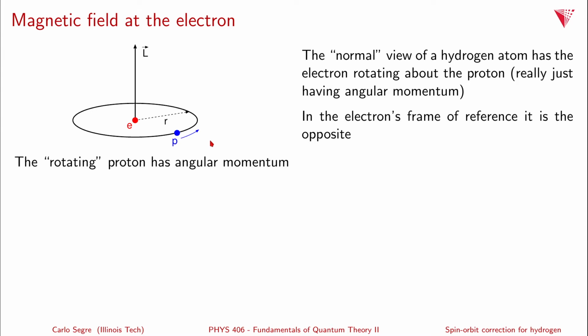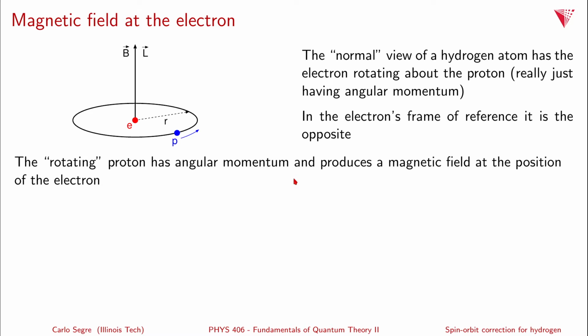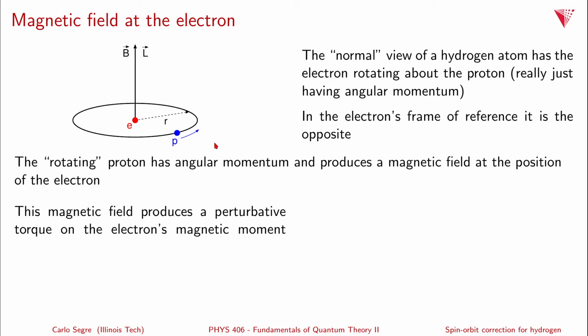So the rotating proton has an angular momentum L, and it produces a magnetic field at the position of the electron, which we'll call B. The magnetic field then interacts with the electron magnetic moment and produces a torque and changes the energy because there's a perturbative energy effect on the magnetic moment of the electron.